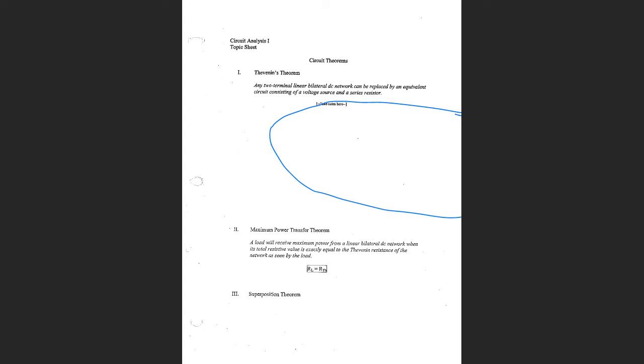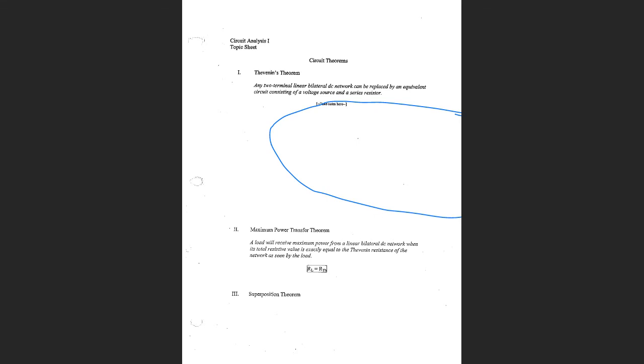Maximum power transfer theorem. It says a load will receive maximum power from a linear bilateral DC network when its total resistive value is exactly equal to the Thevenin resistance of the network as seen by the load.